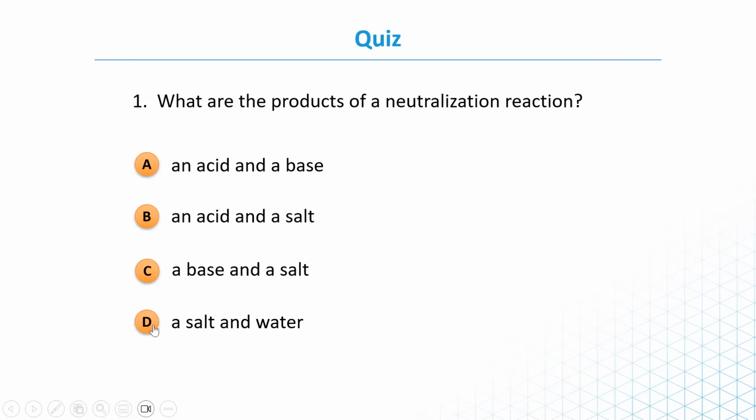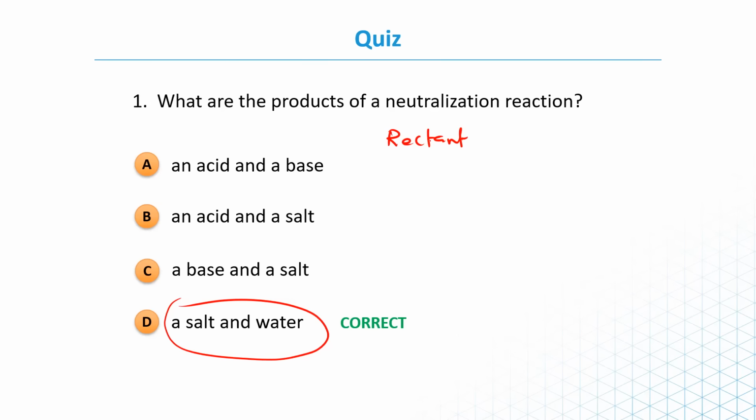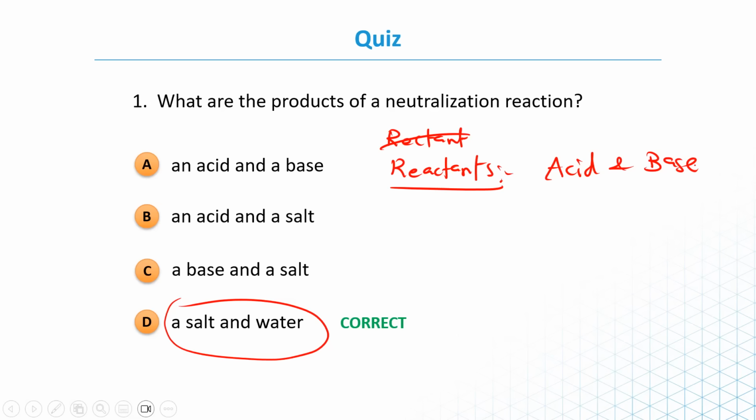Of course, it's going to be salt and water. And the reactants? The reactants are acid and base. So these are the reactants, guys.